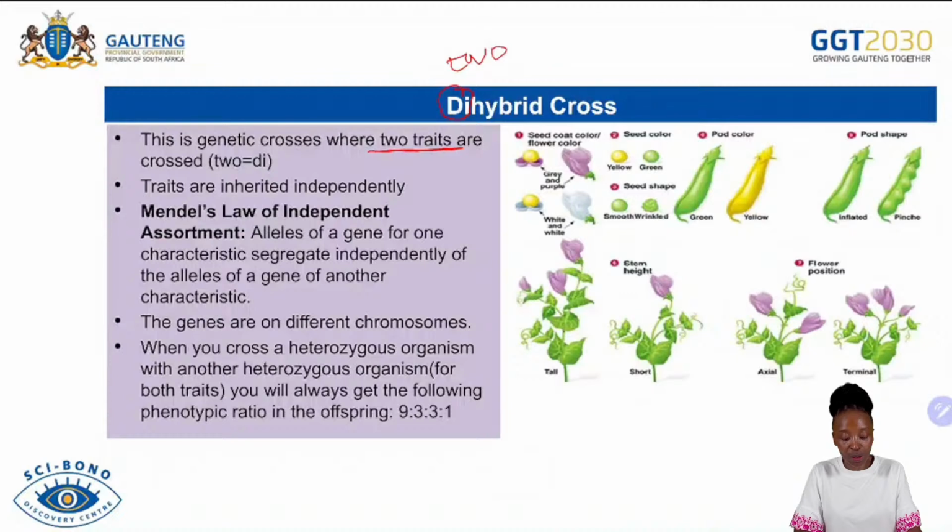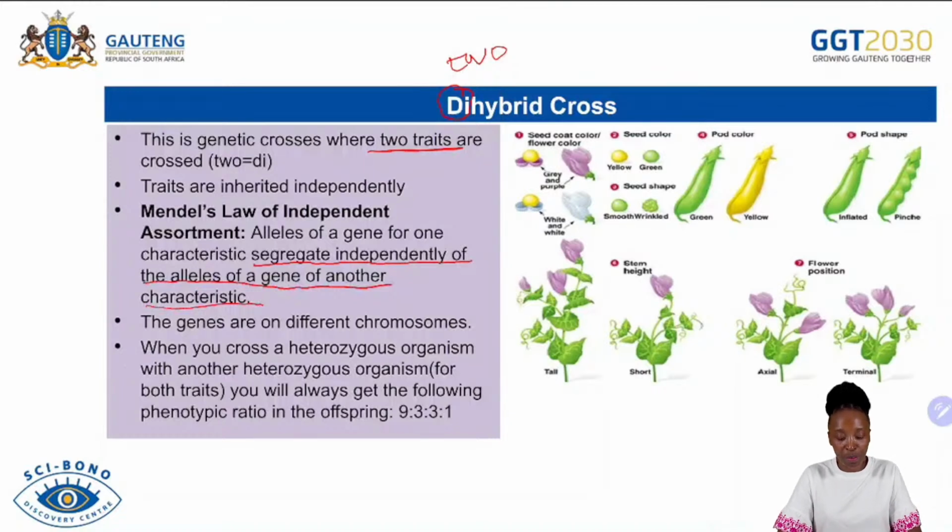So the law of independent assortment says that alleles of a gene of 1 characteristic segregate independently of the alleles of the gene of another characteristic. And remember that we say the genes are found where? On the chromosomes. During meiosis, when the chromosomes separate, that's when we talk about these alleles separating independently.